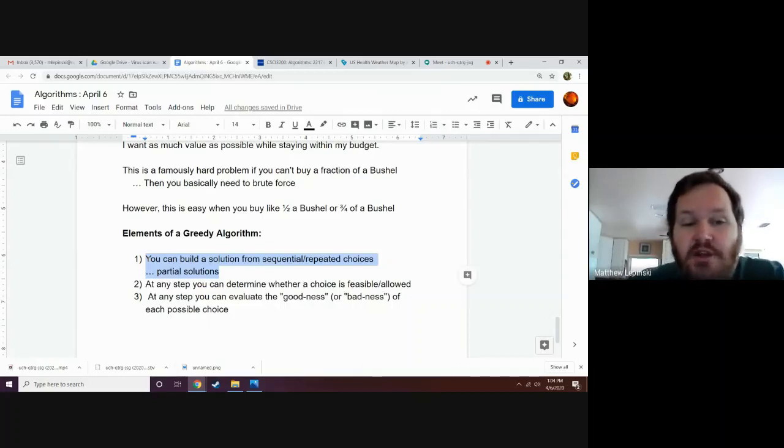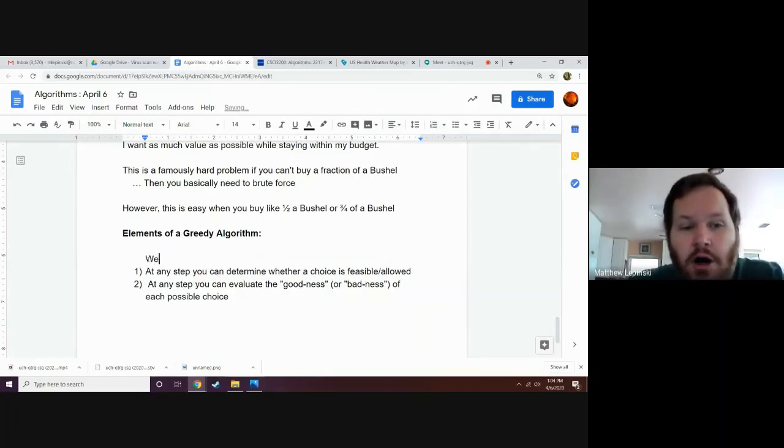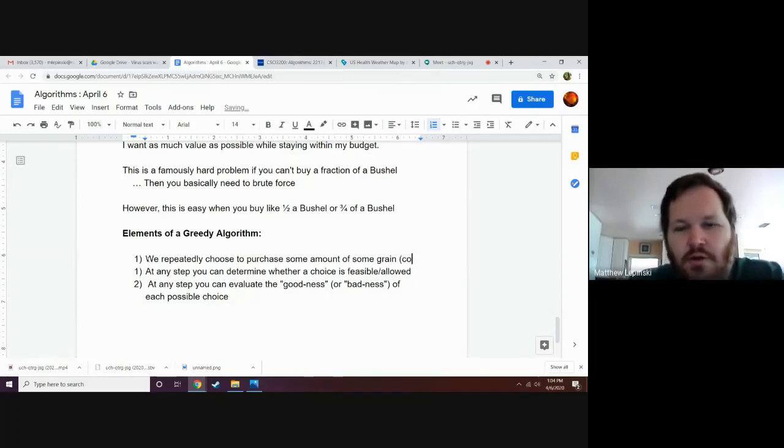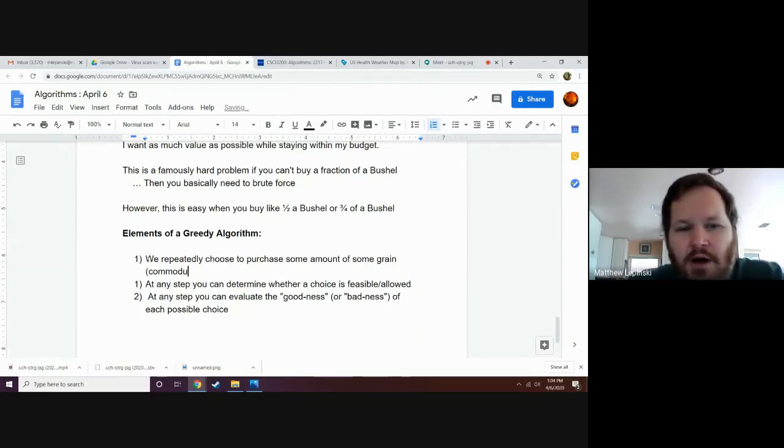Our repeated choices are: we repeatedly choose to purchase some amount of some grain, or in general, some commodity or good.